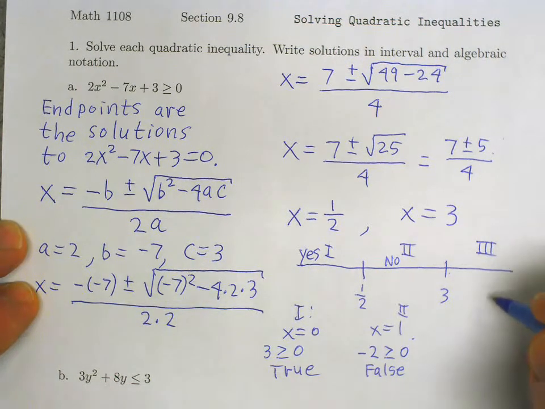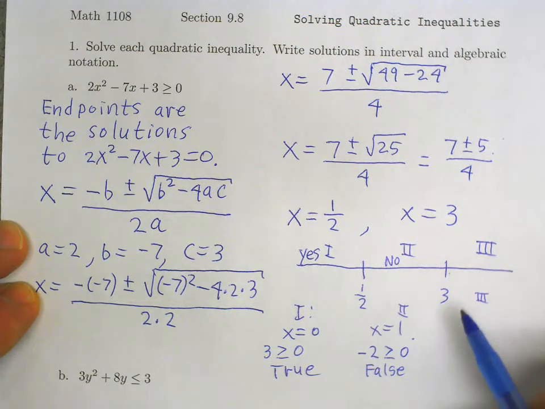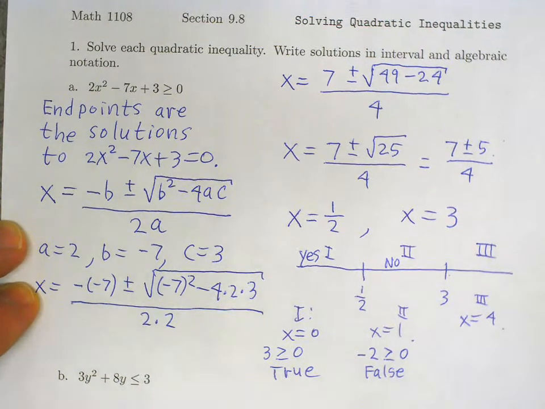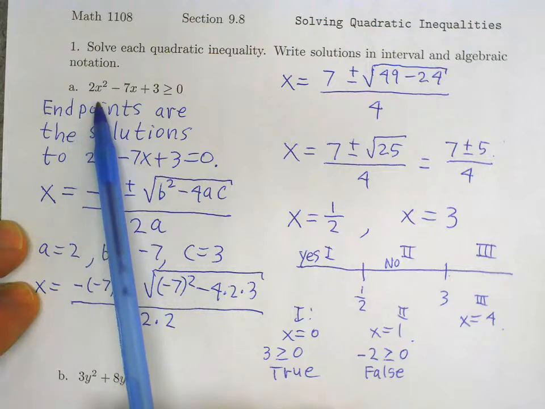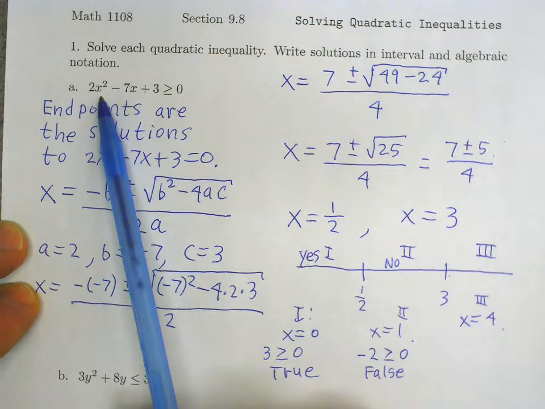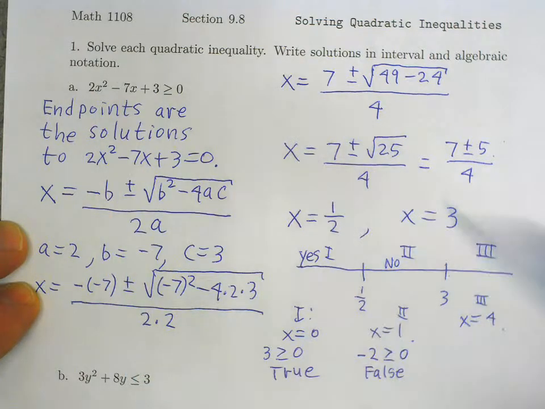In the third interval, pick any number you want that's greater than 3. I'll pick x to be 4. In the inequality, when I replace x with 4, 4 squared is 16, and 2 times 16 is 32.